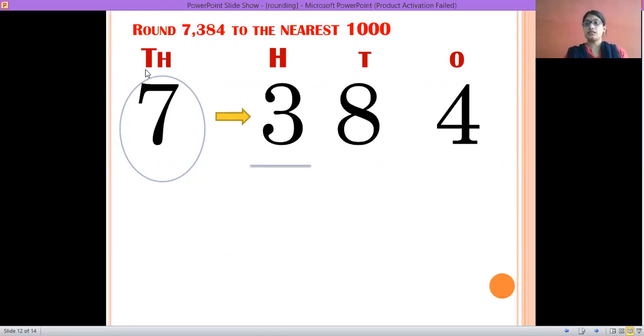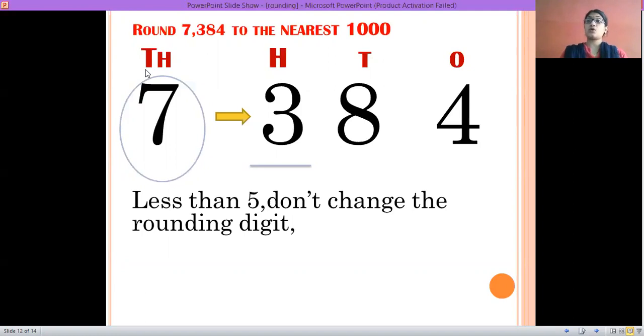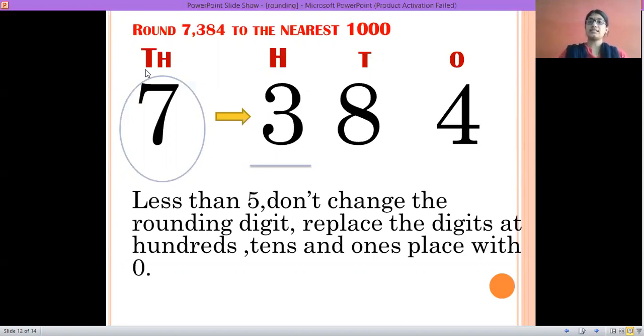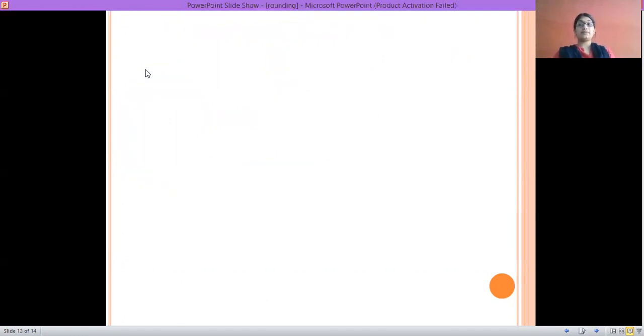Now tell me children, is 3 less than 5, 5 or more than 5? Less than 5. So when this digit is less than 5, are we going to change our rounding digit? No, we'll write our rounding digit the same, and we'll replace all the digits to the right hand side of this rounding digit with zeros. So the answer for this is 7,000.